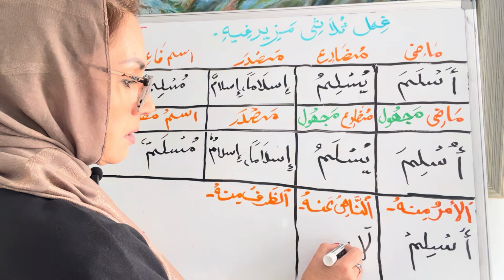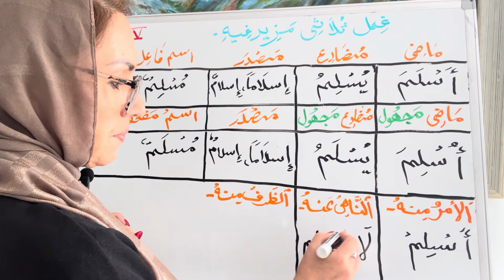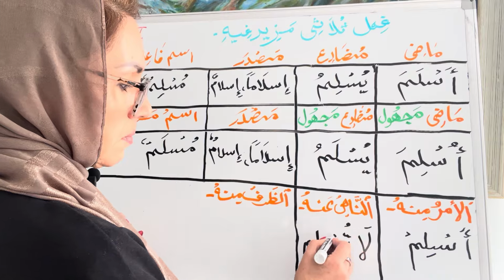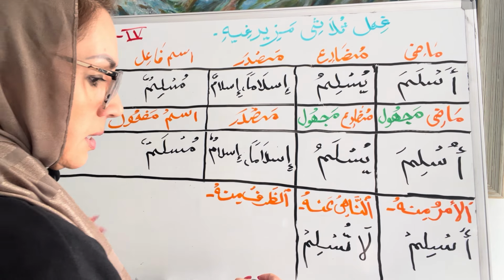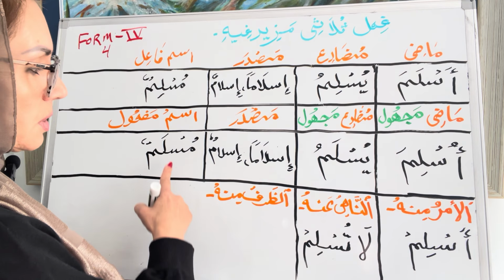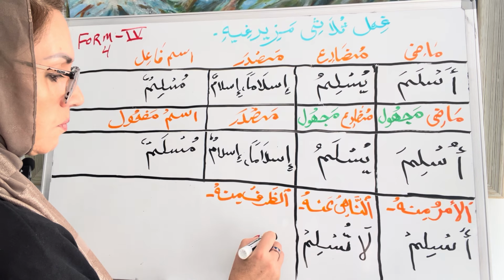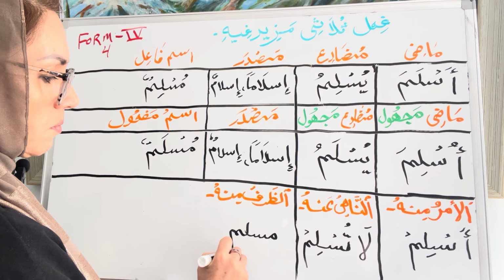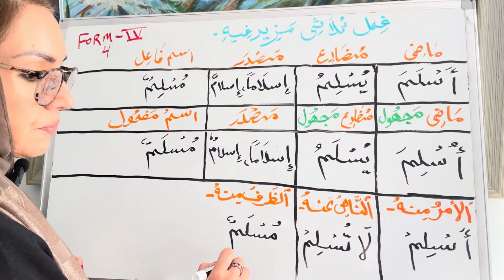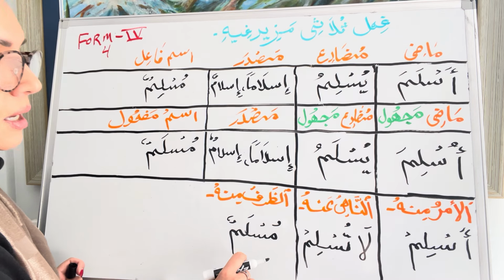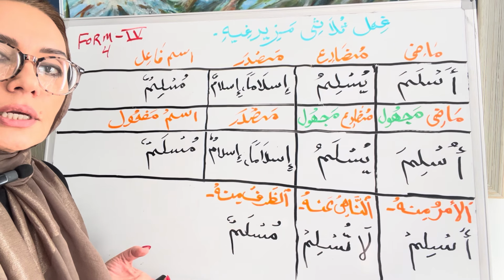Already have the la there. تسلم, with sukun. And then the ظرف, it's the same thing as مجهول, as مفعول. مسلم. Okay. As you can see, alhamdulillah, it's not very complicated.